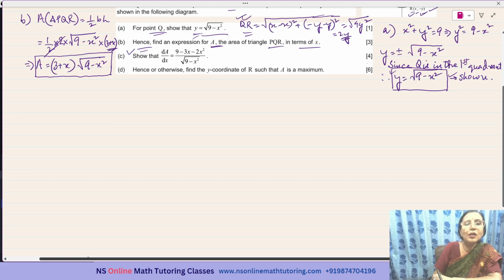Now subpart C, show that dA by dx equal to 9 minus 3x minus 2x square over square root of 9 minus x square. So A is having this expression. Therefore, we have to differentiate this expression with respect to x. Okay. So dA by dx equal to, now we will be using the product rule.